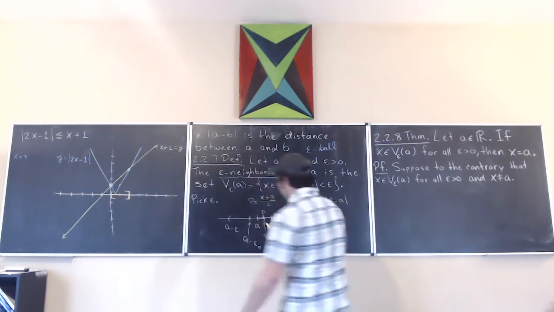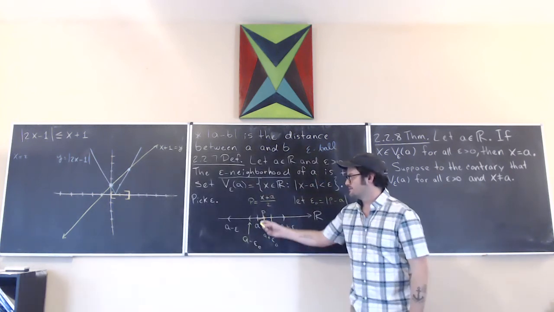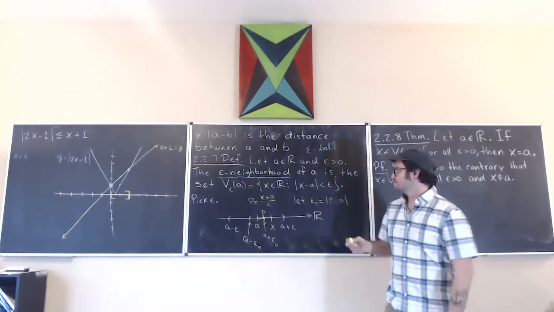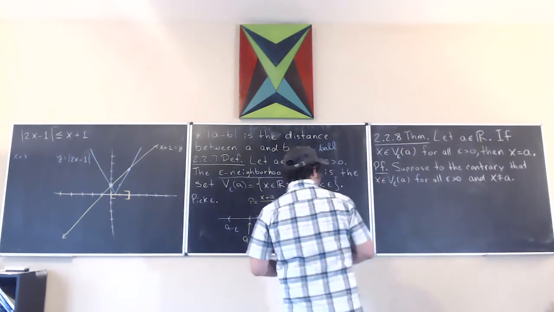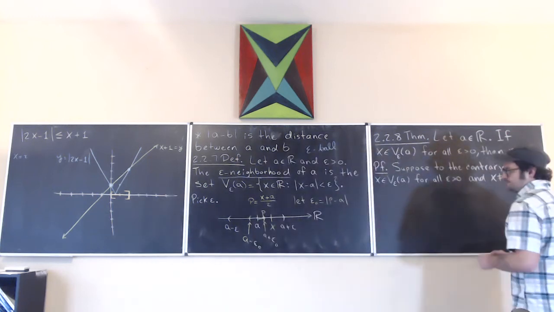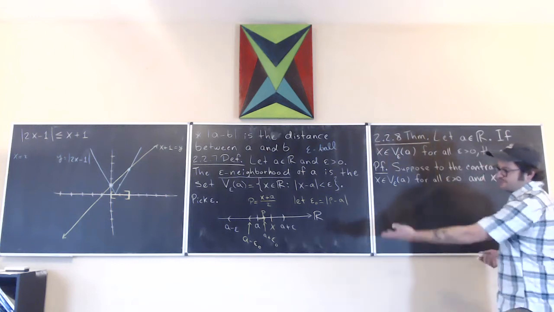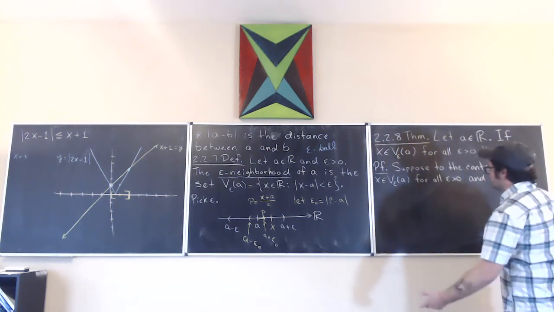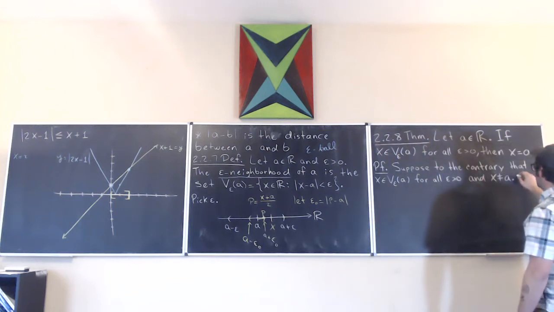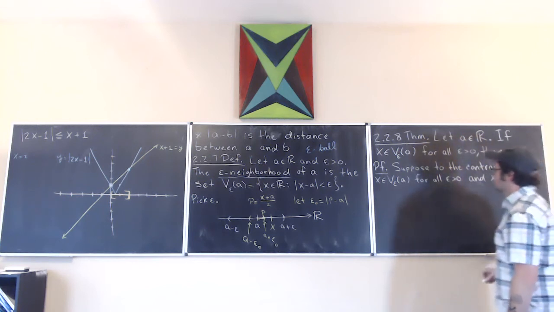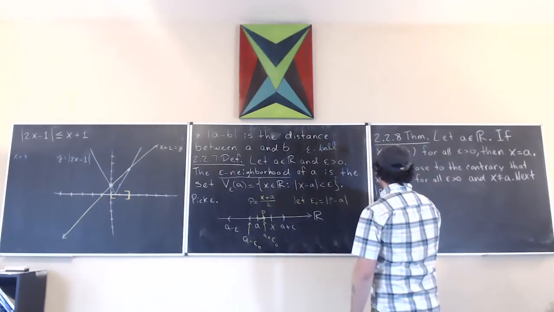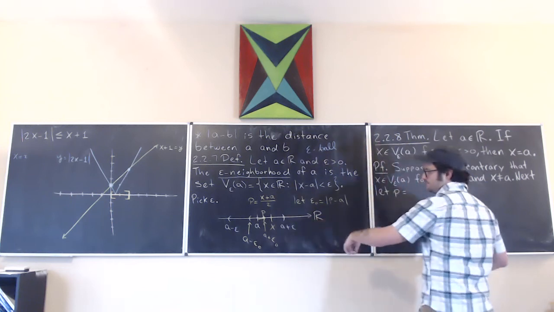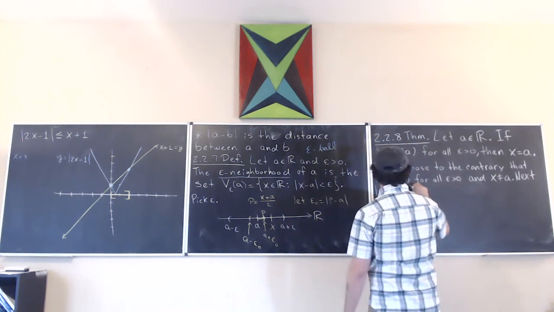And now x is not contained in that epsilon neighborhood, which is a contradiction since it's supposed to be contained in every epsilon neighborhood. So maybe that's overkill, but that's the first thing that I thought of when I saw that picture. So then we say, next, let P equal the midpoint between x and A.